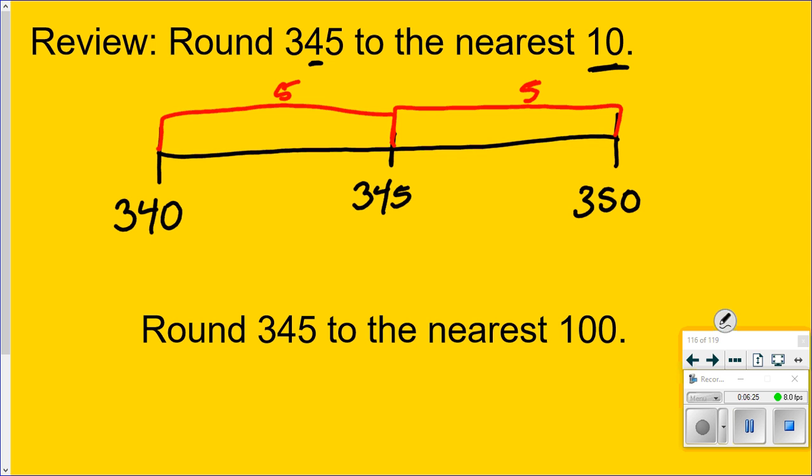That means our number is right in the middle, because that's the number we're trying to round. Typically, when I round, I can tell which one's closer on my number line, but this one's right in the middle. How do I know what 345 is going to round to? Ashlyn?